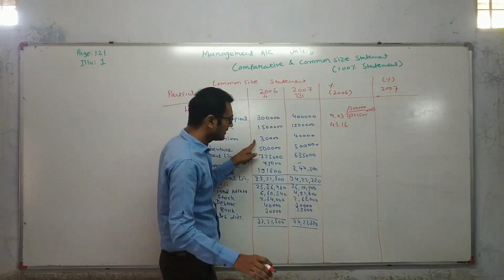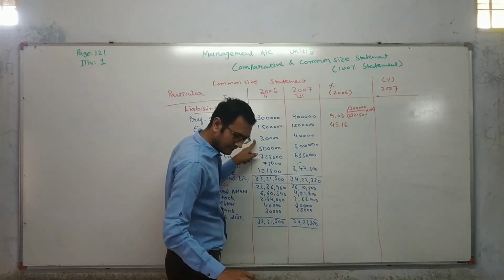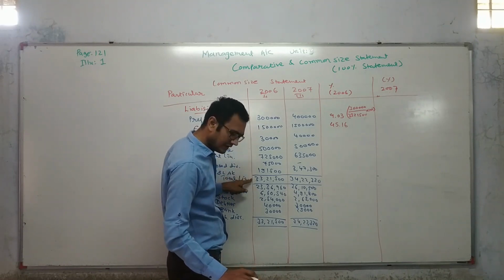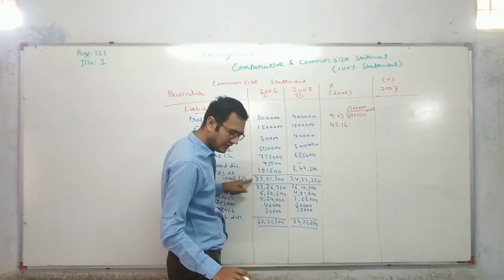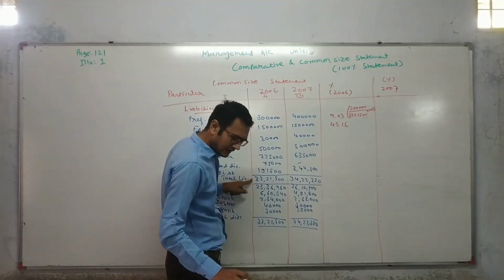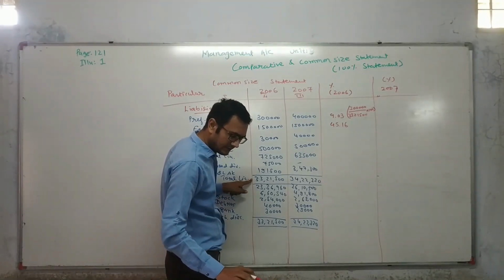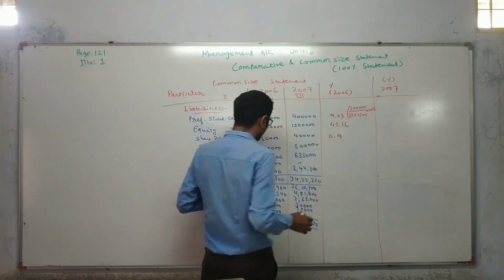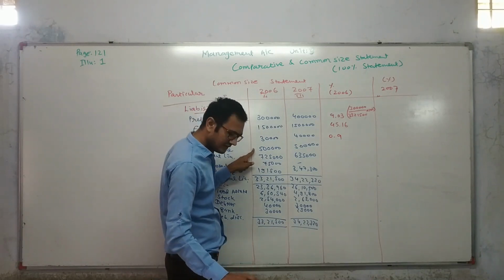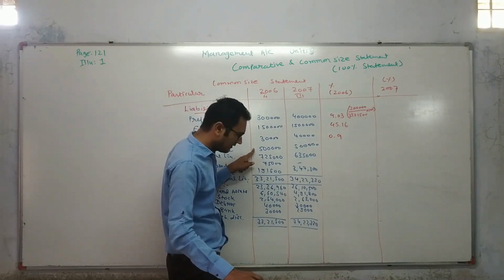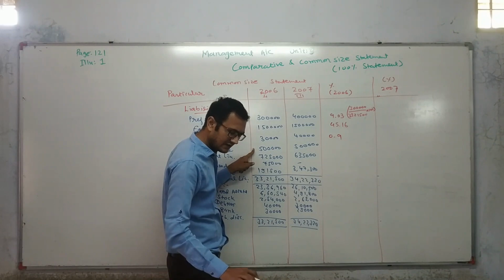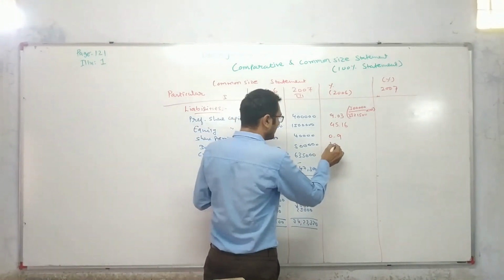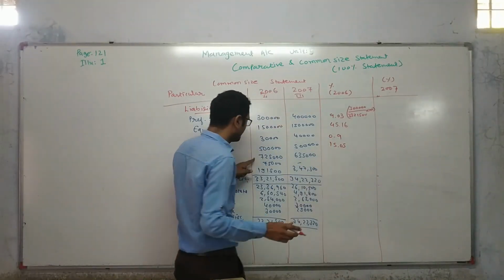Now 30,000 divided by 33,21,500 into 100. So it is 0.9. And 5 lakh divided by 33,21,500 into 100. So 15.05.